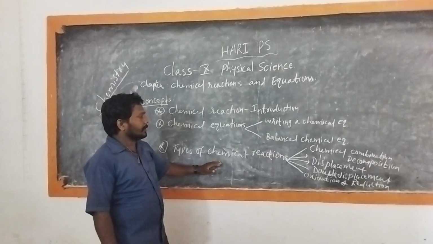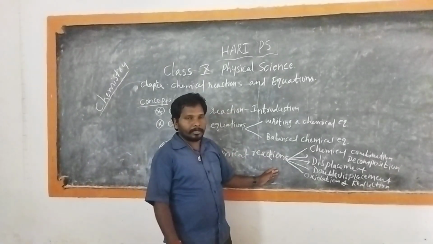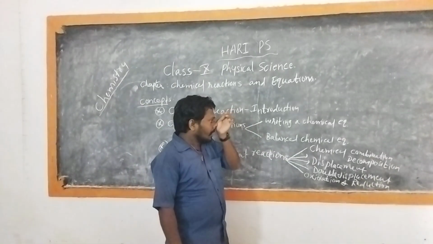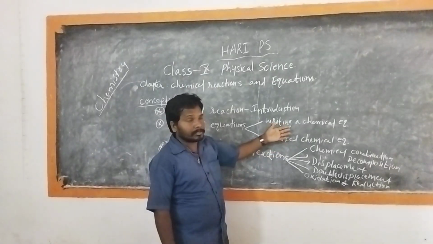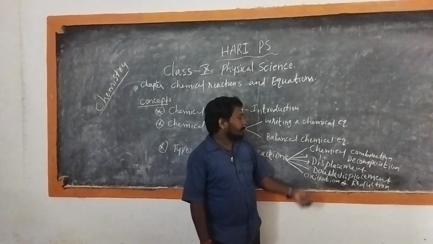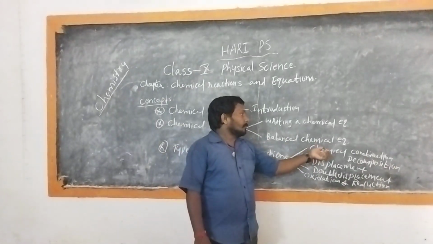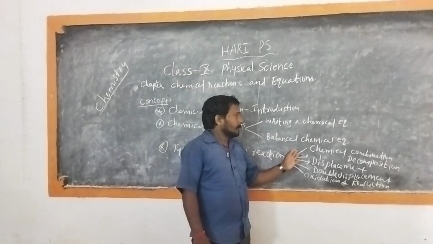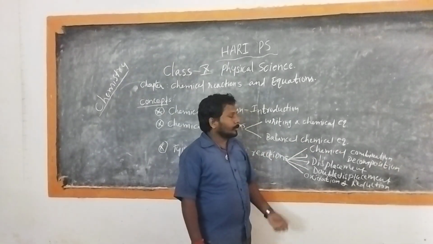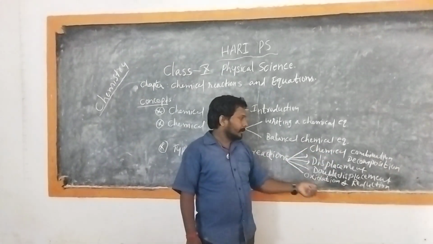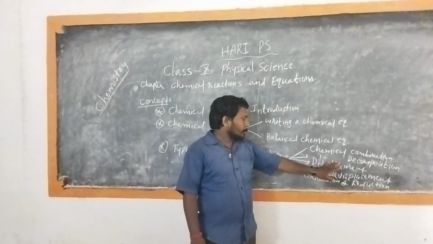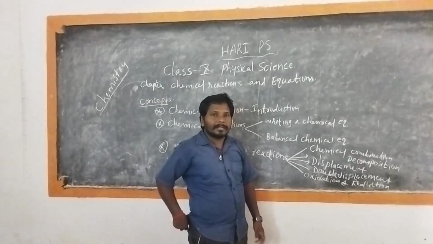Then types of chemical reactions, a very important topic in this chapter, and here the balanced chemical equation is also very important. Chemical combination, chemical decomposition, chemical displacement, chemical double displacement, and oxidation and reduction.